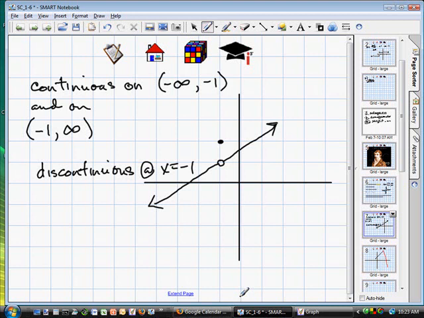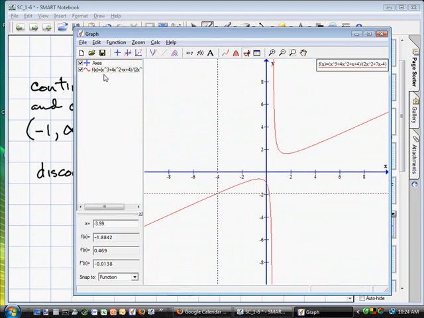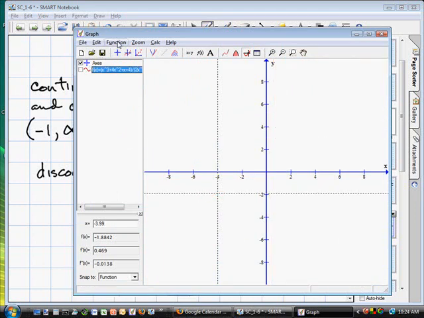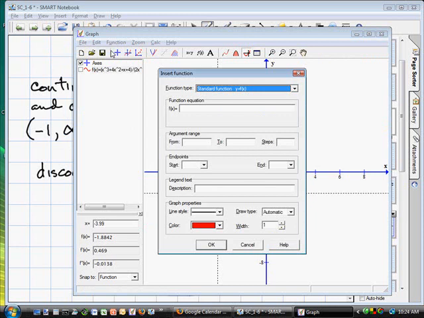Interesting. What are they doing there? I want to look at example 4, but I'm a little bit puzzled by their graph. So I'll just do a graph up here. Okay. So the first function is 5 minus x. And we only want to do that from what?